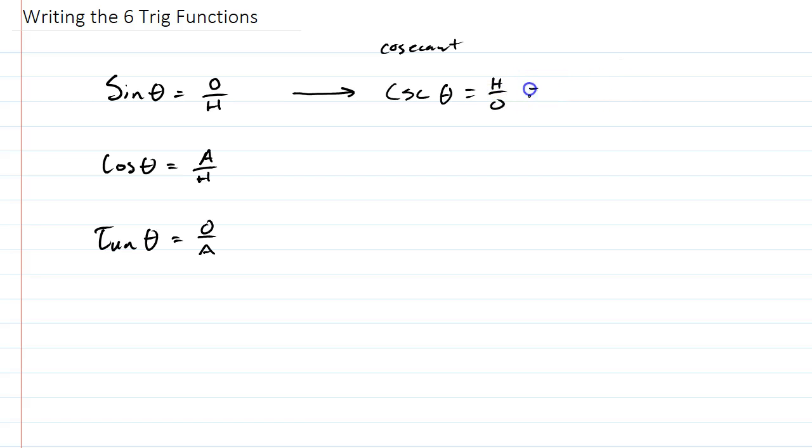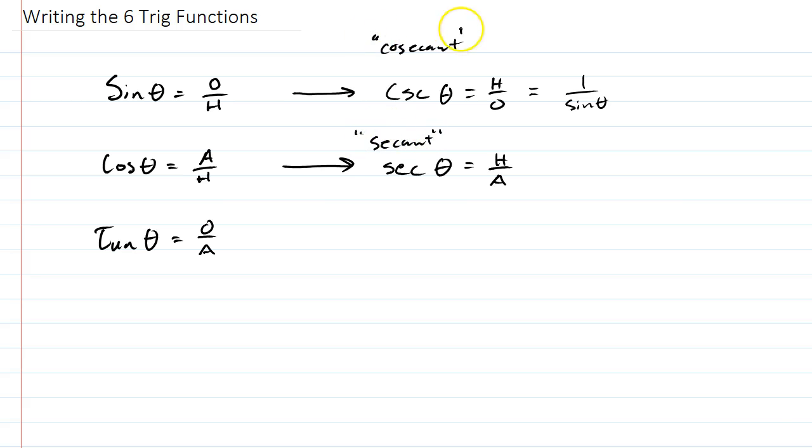A lot of books will also write it like this, 1 over sine of theta. So just know that if you have the sine or the cosecant, to get the other you just flip the fraction. Same with cosine. You can also get secant of theta, which is just the flip of the cosine function.